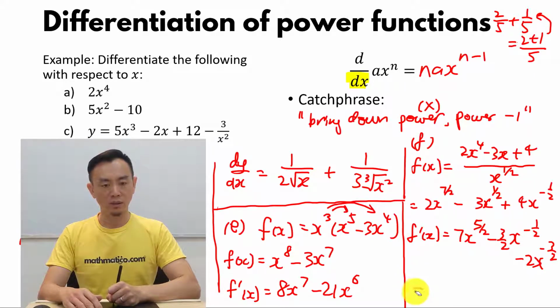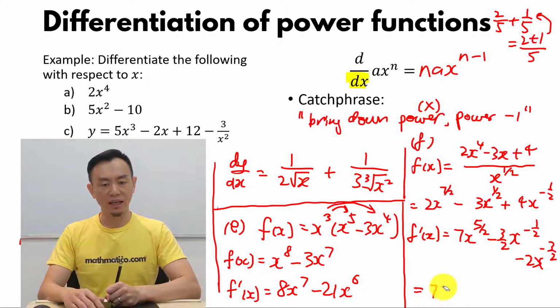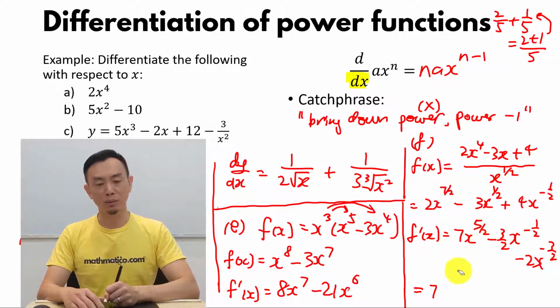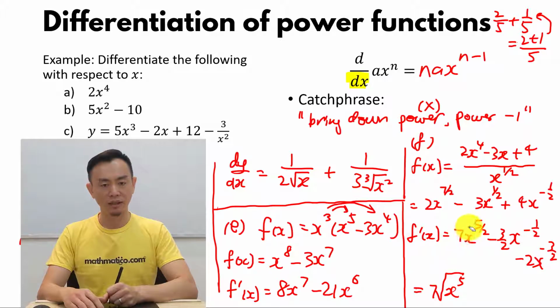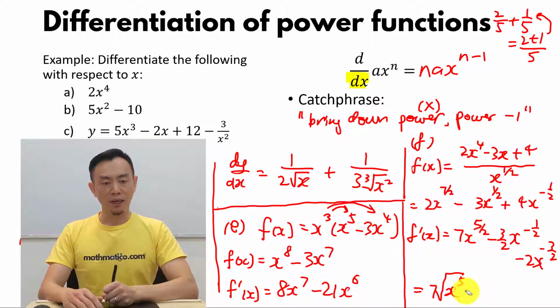So we can take a final step to change this into surd form if your school requires. And so we have 7, this is x to the power of 5, but then it's taking a square root. The denominator 2 is a square root, the numerator power 5 is just a regular power. Minus, this is a negative power, so it's in the denominator.